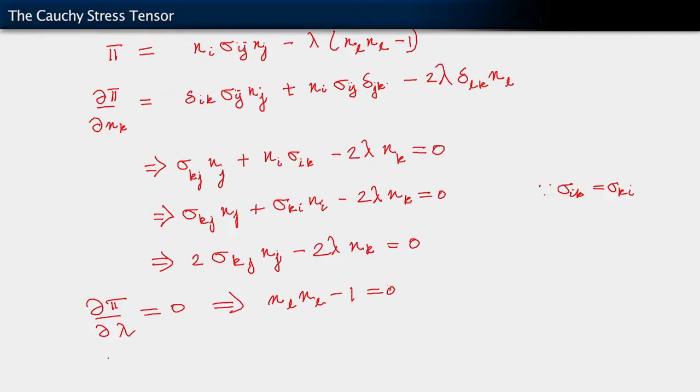Now, in direct notation, of course, we can get rid of the 2's here. If you rewrite the second last equation on this slide in direct notation, what we have is sigma n equals lambda n. And the other condition is that the magnitude of n squared equals 1, or the magnitude of n equals 1.